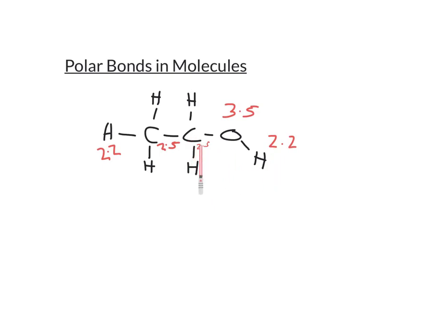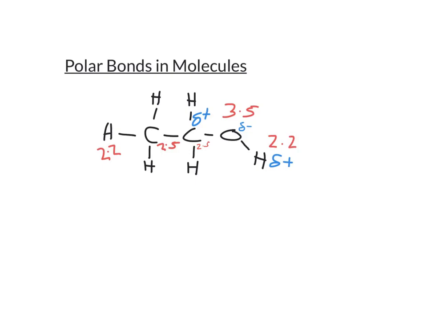The difference between the carbon and oxygen is also significant, and we could assign that as a polar bond as well and add our partial charges too. So in this situation, carbon would be a little bit positive, oxygen's a bit negative, and the hydrogen's a little bit positive.